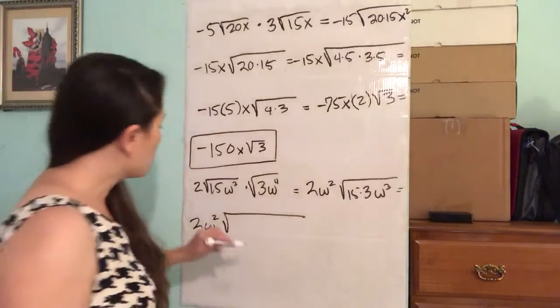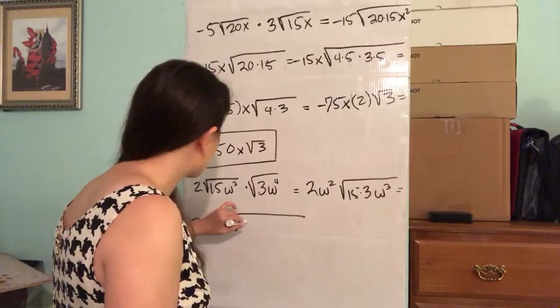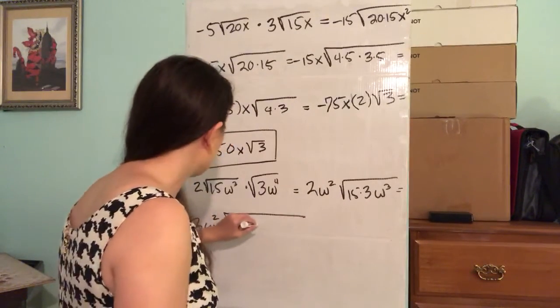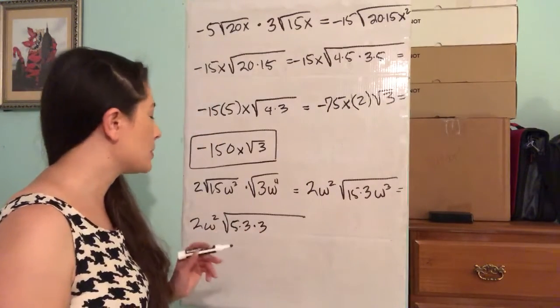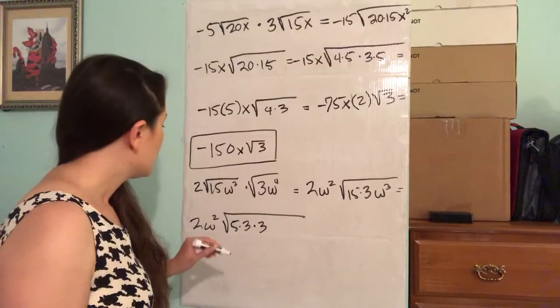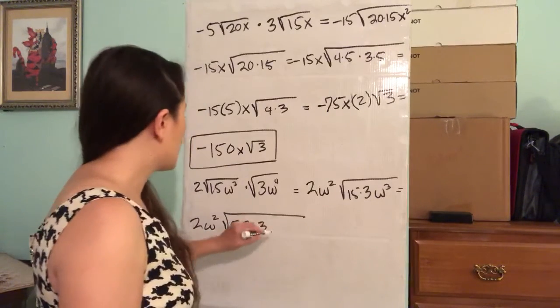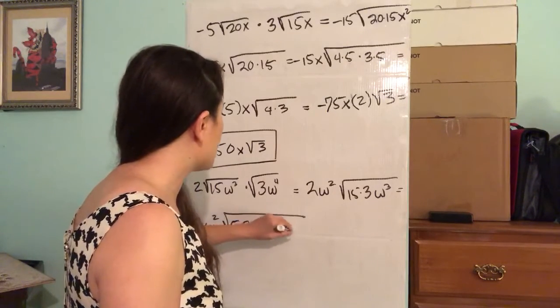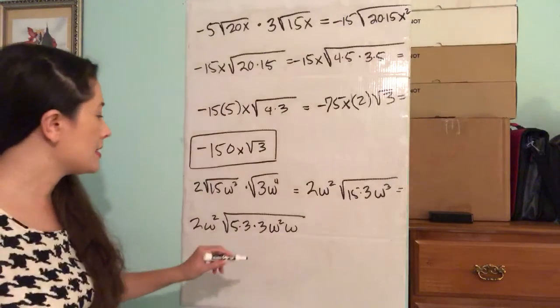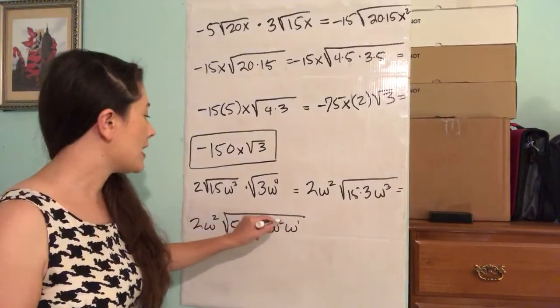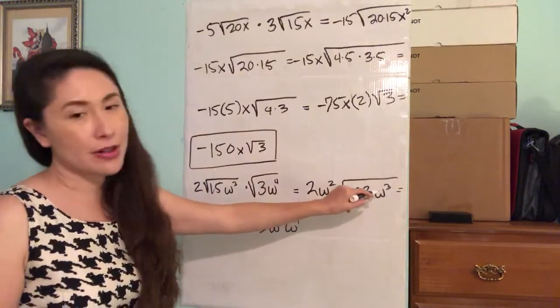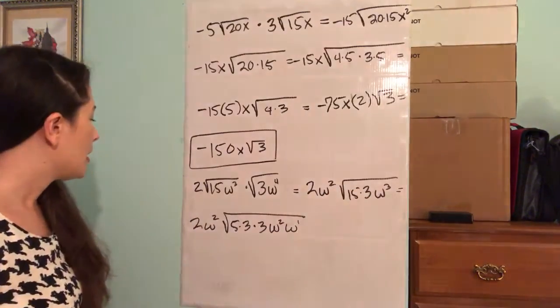Can we break down 15? 15 breaks down into 5 times 3. Carry this 3. Now w to the 3rd power is the same as w squared times w, right? Because if you add these exponents, w squared times w to the 1st power gives you w to the 3rd power, okay?